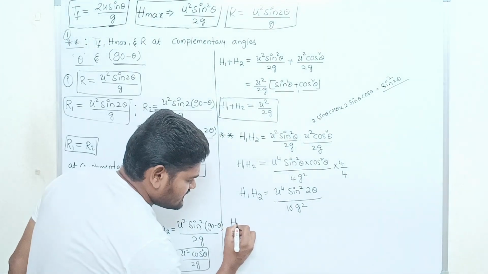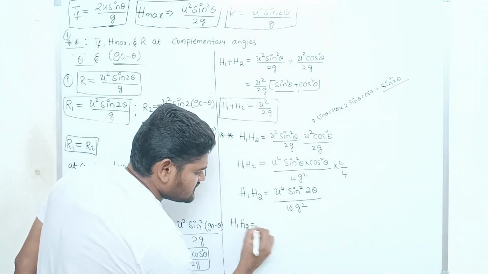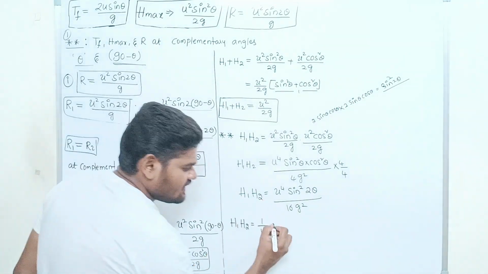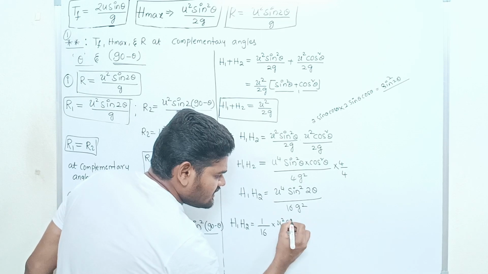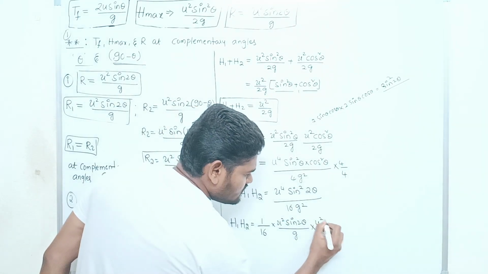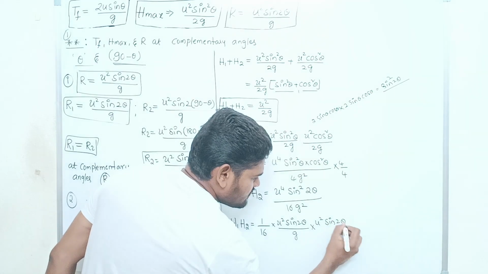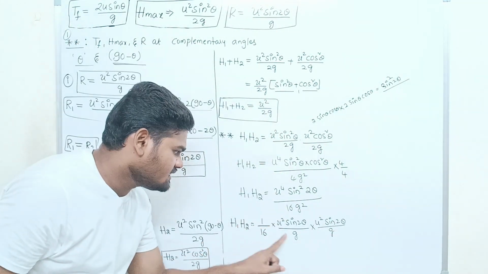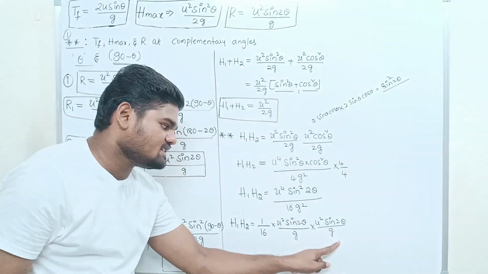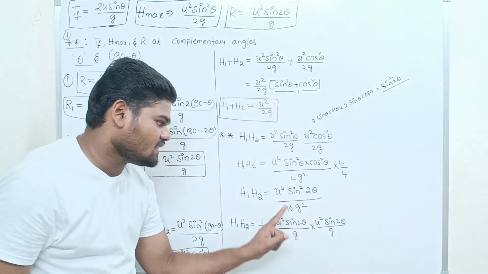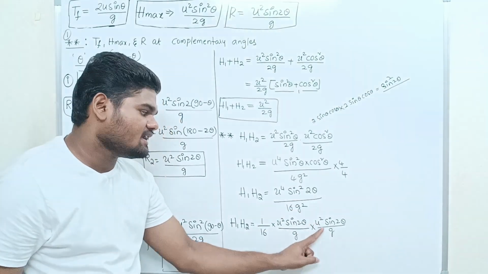Just writing this equation as H1 into H2 is equal to 1 by 16 into u square sin 2 theta by g into u square sin 2 theta by g. Have a look. 1 by 16, g into g, g square, u power 4, divided into u square into u square, sin square 2 theta, sin 2 theta into sin 2 theta.